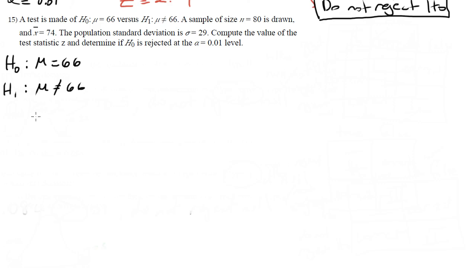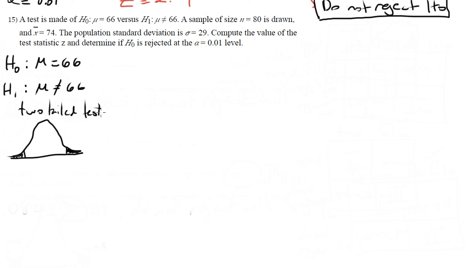In this case, since not equal to, this will be a two-tailed test. It can be different from 66 to the left, less than, or different from 66 to the right, greater than. It can be significantly different to the left, or it can be significantly different to the right.